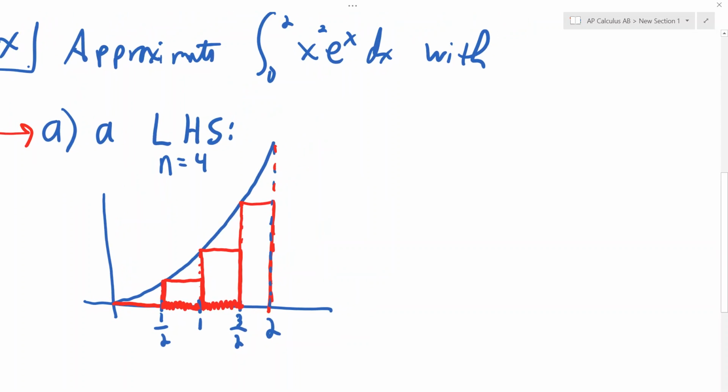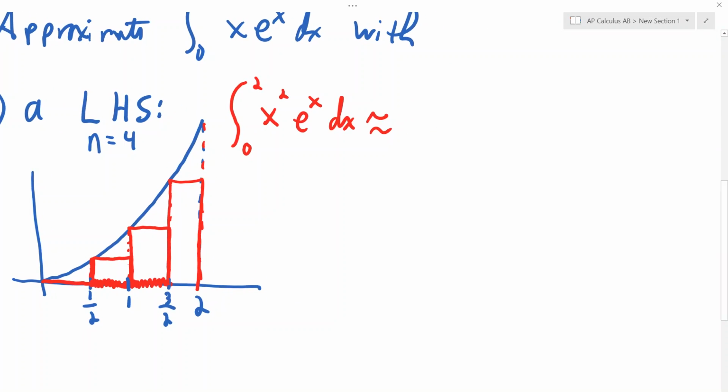Anytime you approximate anything, you should write out the thing you're approximating, even though it's right up top. So the integral of that function is approximately equal to, and all I'm going to do is write the area for each rectangle, which is just the base times the height.